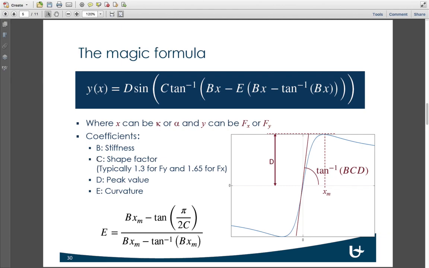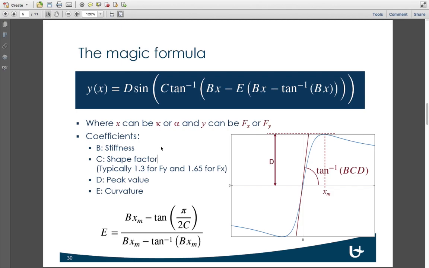Well, in fact not for C, because C is fixed at 1.3 for the lateral force and 1.65 for the longitudinal force. In the last course you all obtained formulas for B, D and E for lateral as well as longitudinal situations. However, when I tested these formulas, they were not quite correct. Therefore, I will show you how I determined these formulas that did deliver correct results.